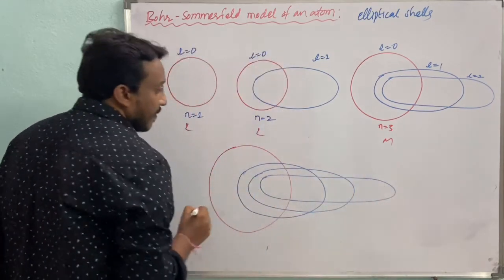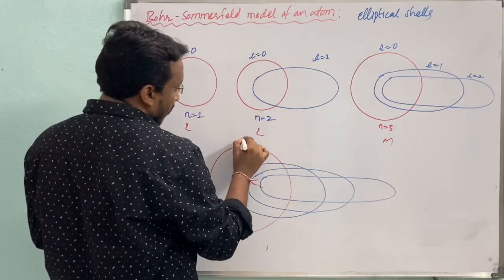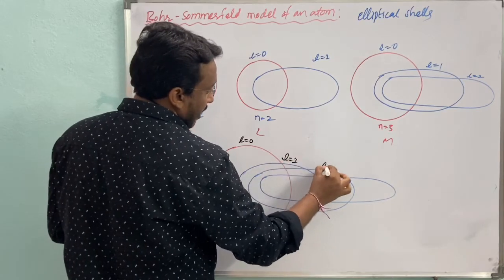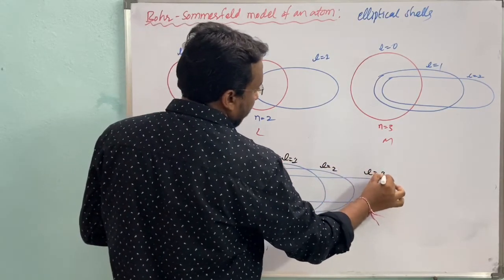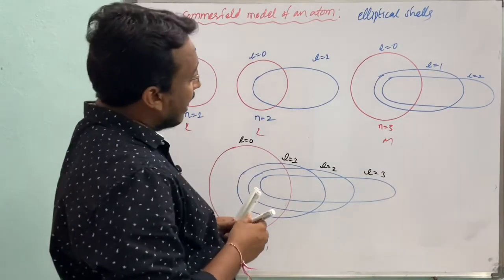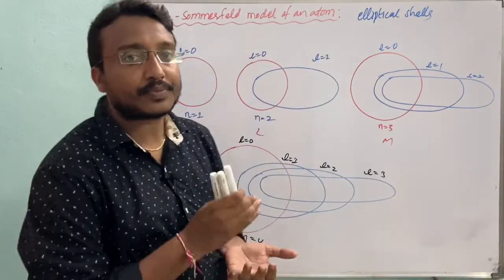Okay, this one. That means here L equal to 0, L equal to 1, L equal to 2, L equal to 3, when n equal to 4. Like that, he introduced elliptical orbitals.